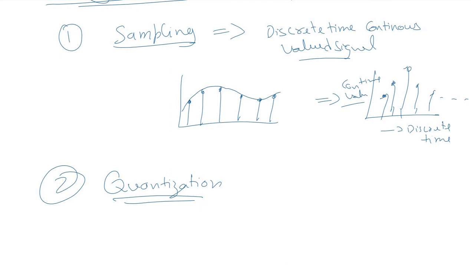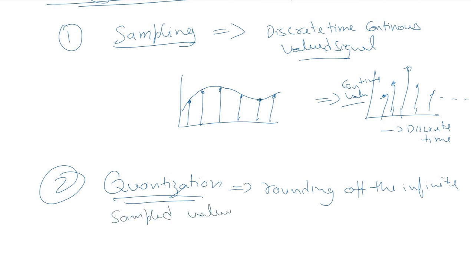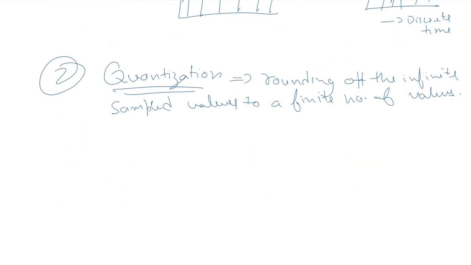So rounding off these infinite sampled values to a finite number of values is known as quantization. After quantization we have a discrete time and discrete amplitude signal.